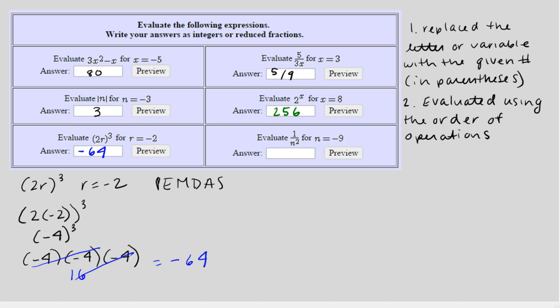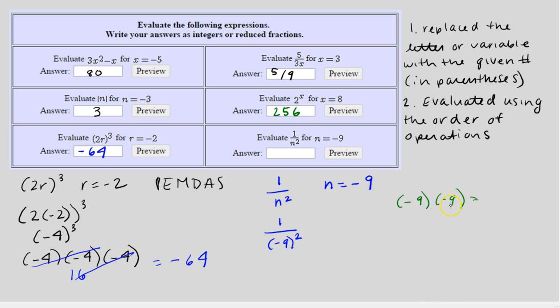And now we have one more example. 1 over n squared, where n equals negative 9. So first I'm going to replace the n with negative 9 in parentheses. Negative 9 squared. And then on the side, I'm going to compute negative 9 squared. So negative 9 times negative 9.